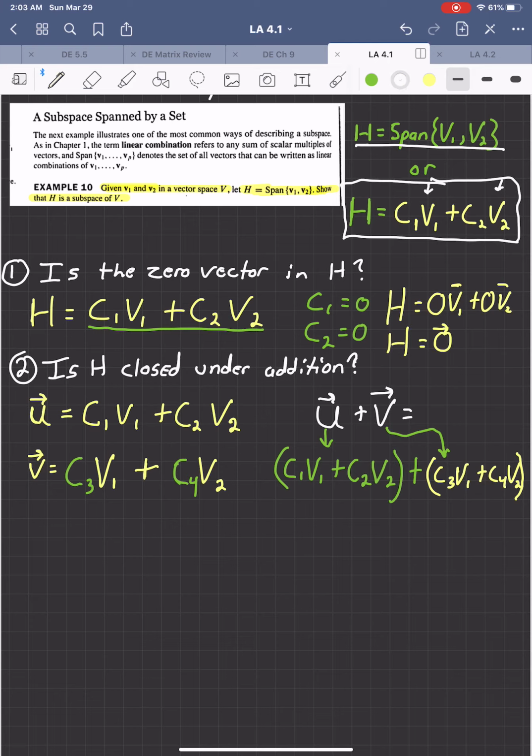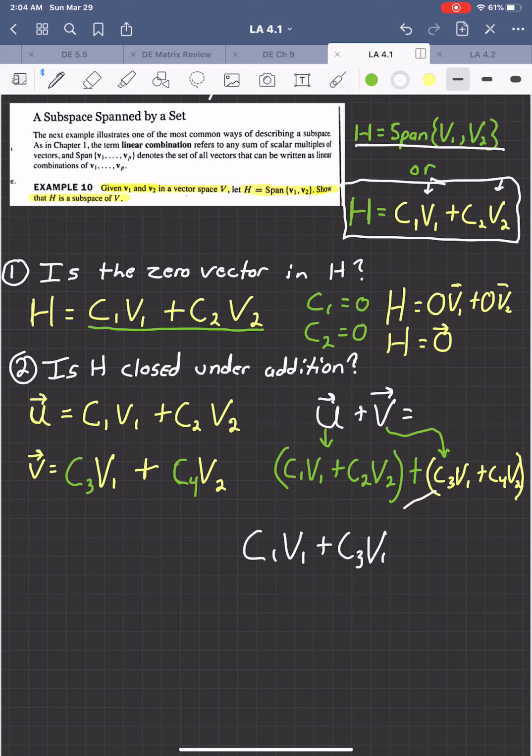Now, how can we get from where we are to be able to make the statement that it's closed under addition? Well, let's drop these parentheses and let's group. Let's get the vectors v sub 1 grouped together, and the v sub 2s grouped together. With me? So now I would have c sub 1 times v sub 1 plus c sub 3 times v sub 1.